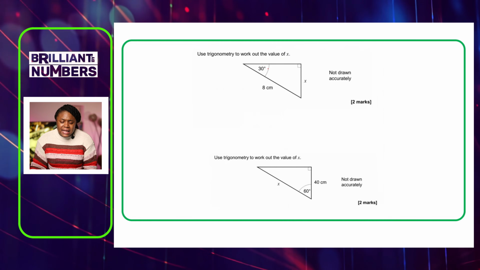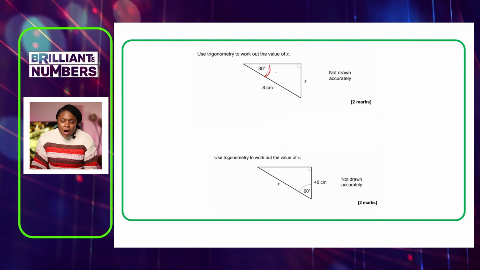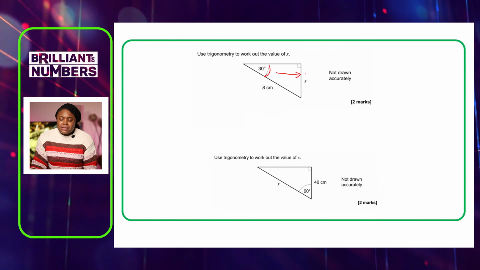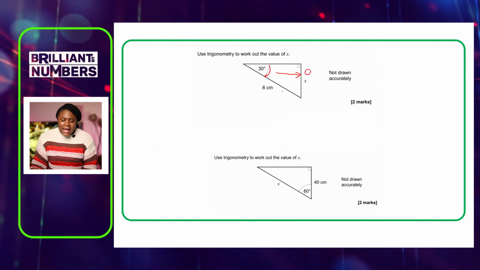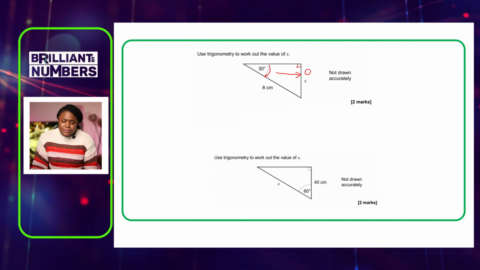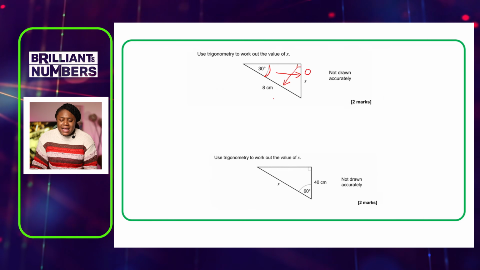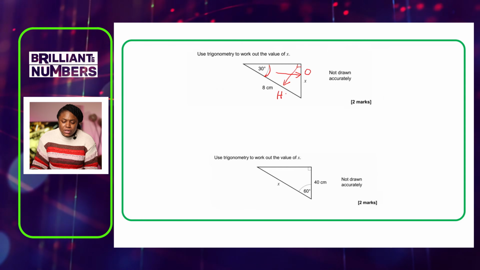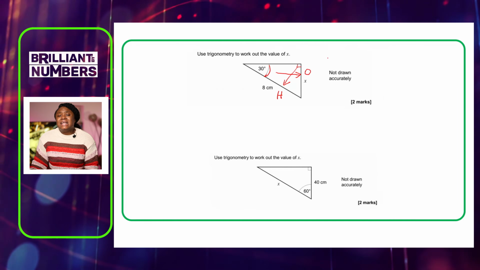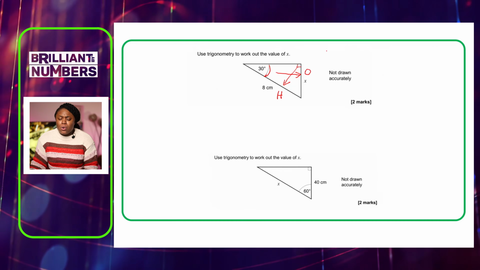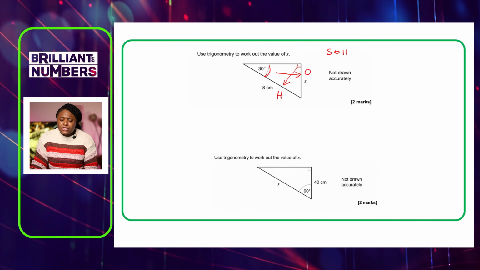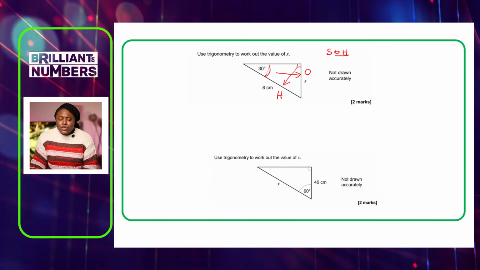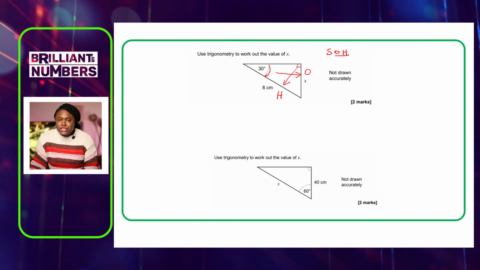So I'm going to stand at the 30 degrees. Opposite to 30 is the opposite side. And then opposite to the right angle, the longest side is my hypotenuse. So I've got O and H. So I know for sure SOH, so I am using the sine ratio.